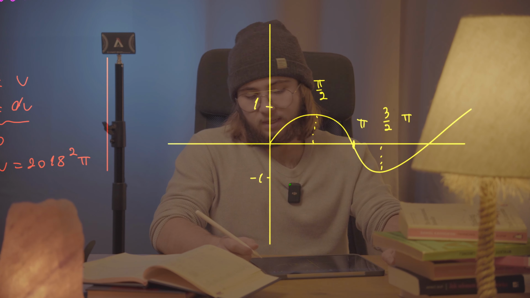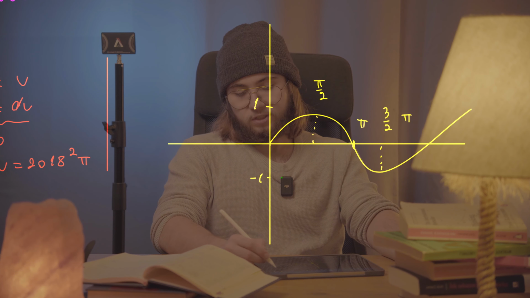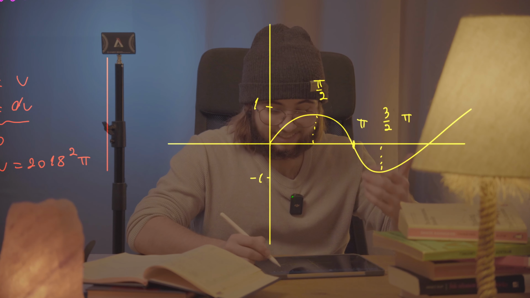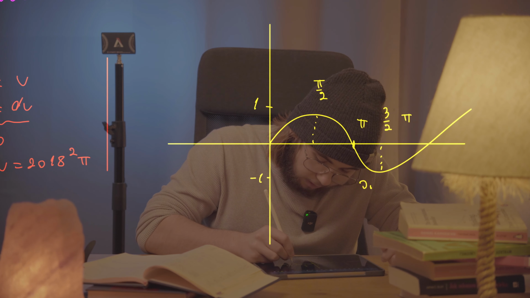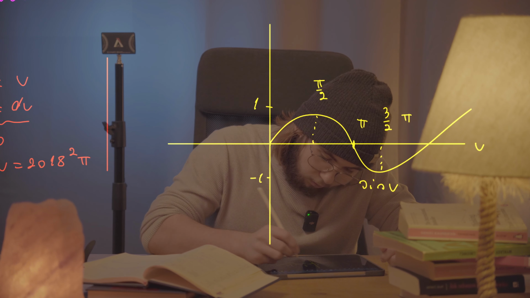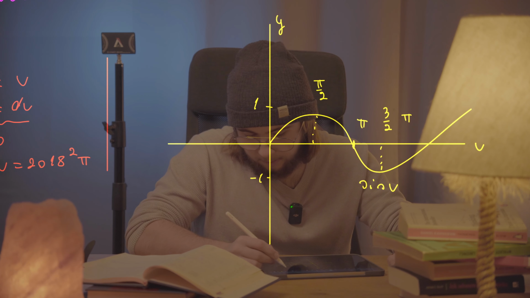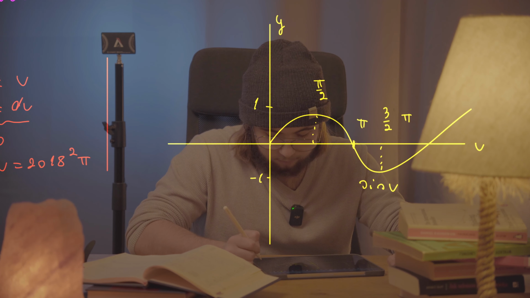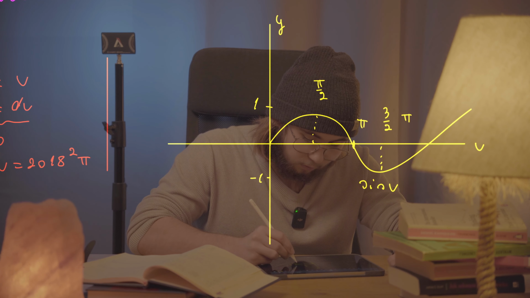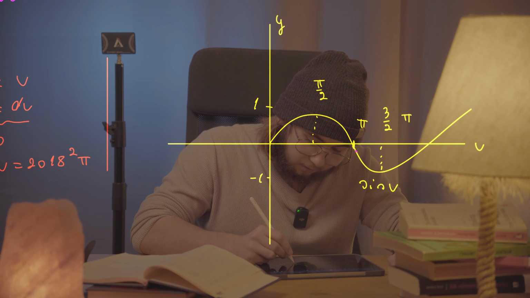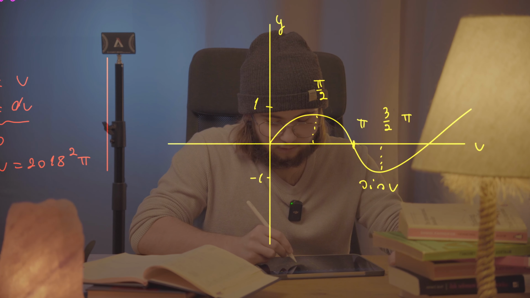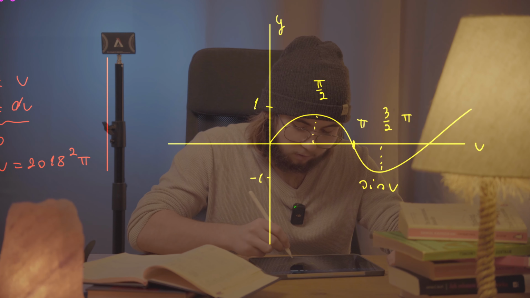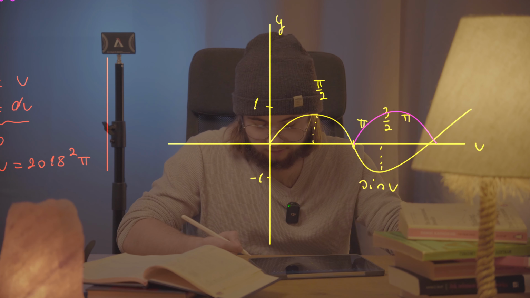And now if I were to draw the absolute value of sine, so that was my sine of u, that was y, I'd like to draw the absolute value of the sine of u. I just have to take this part right there and flip it around the u-axis, getting something like this.